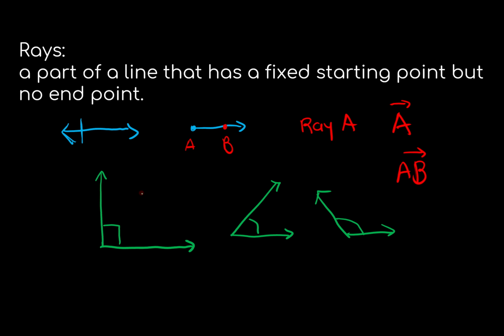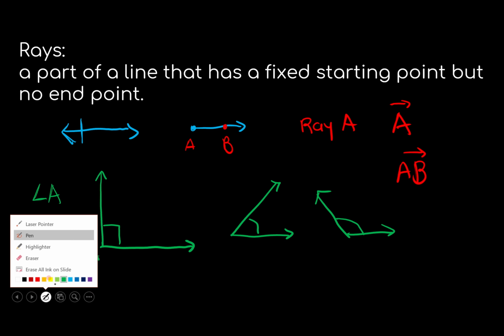So how do we name an angle? There are again two types of names. Either you can have angle A, like that. I discussed this in my angles video, this is just a review about that. And there's also another one.